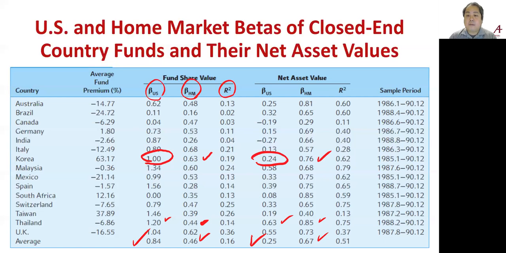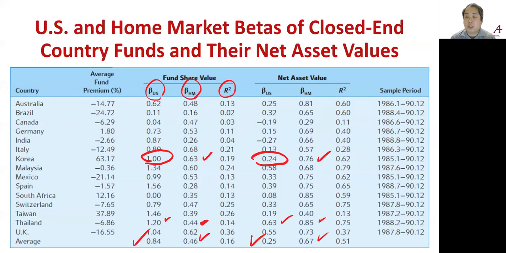CECF returns are substantially more sensitive to the US market factor and less so to the home market factor than their corresponding net asset values. This means that the CECFs behave more like US securities in comparison with the NAVs in the home markets.